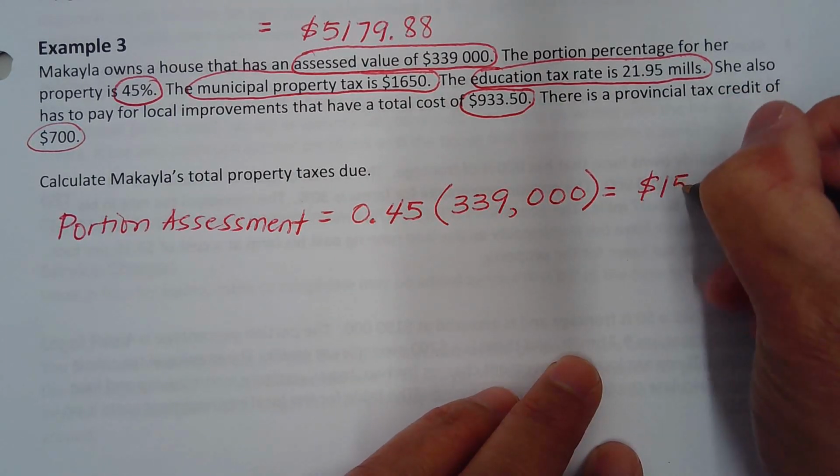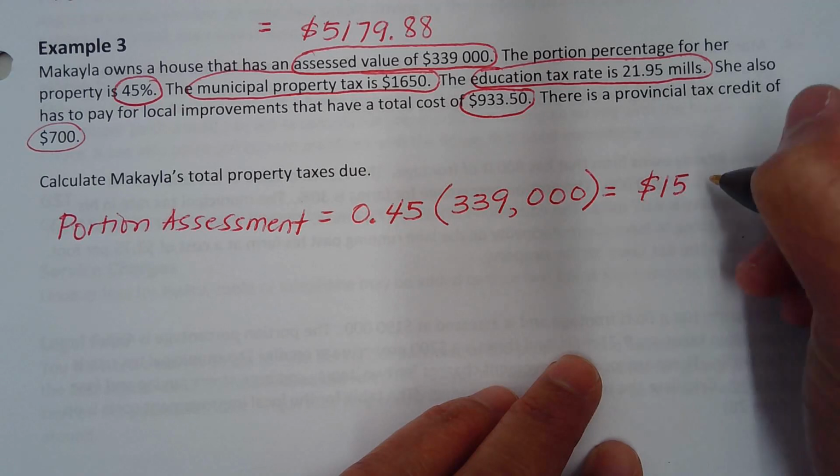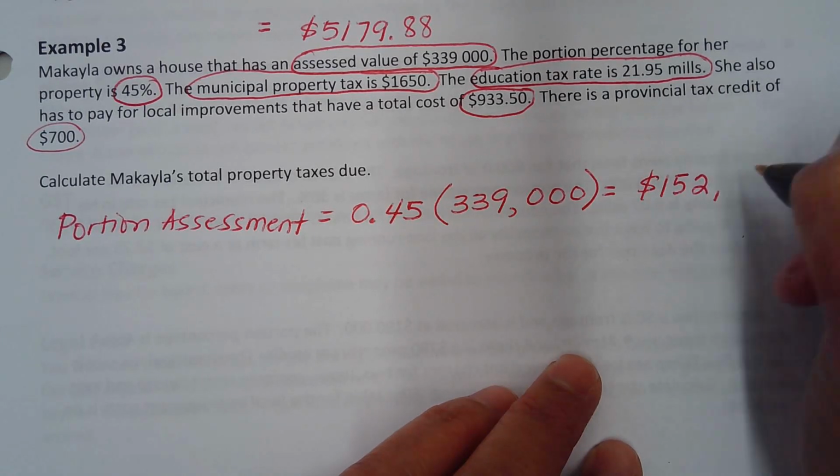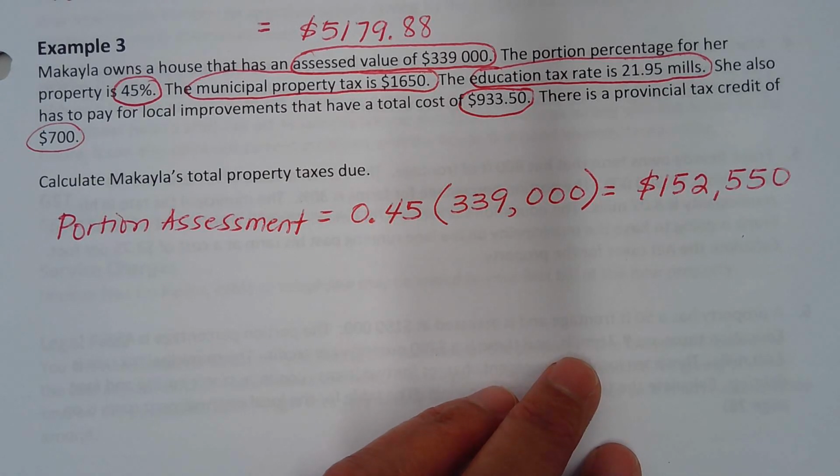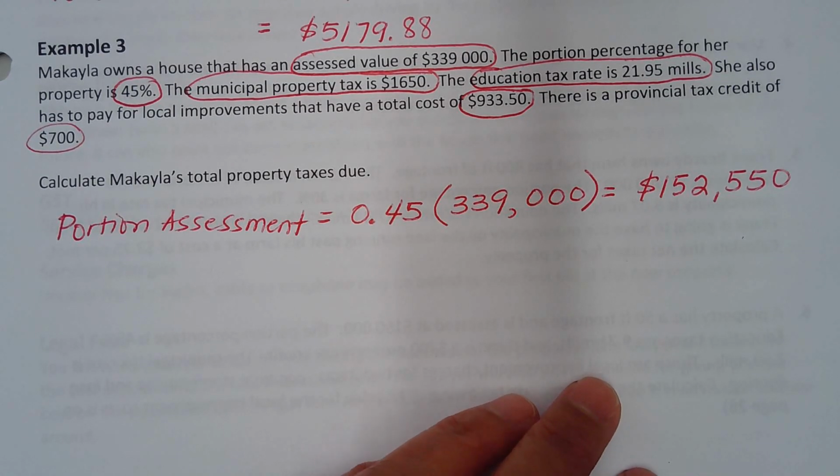Okay, somebody verify my number. I got 152,550. Is that what you got? Yeah? You got a different one? Okay.